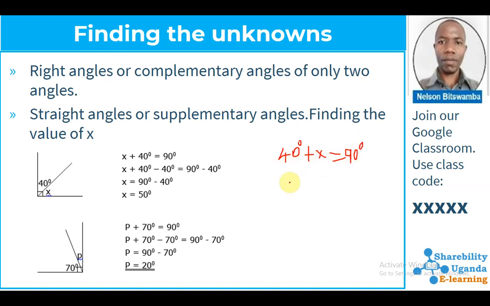So we shall now get our value of x: we take the 90 and subtract the 40.